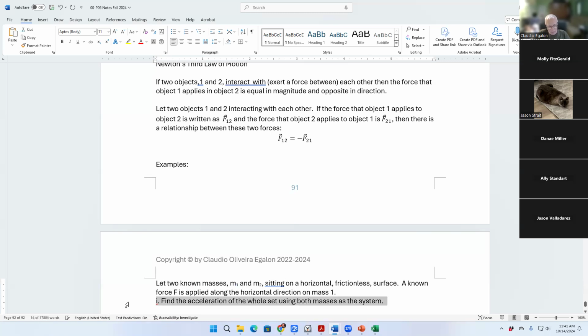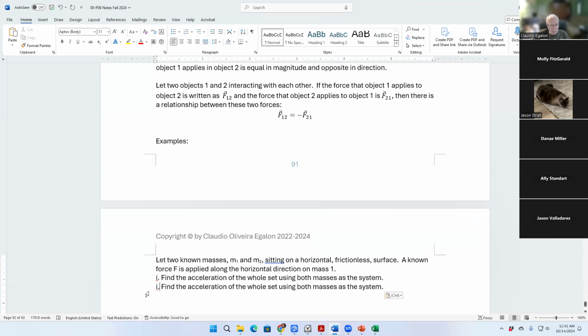Then we are going to repeat this problem, but in a different way. Find the acceleration of mass 1 alone using it as the system.